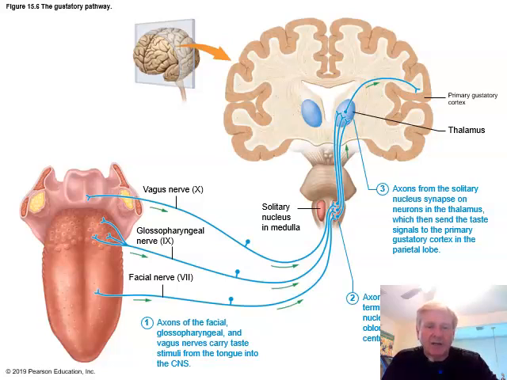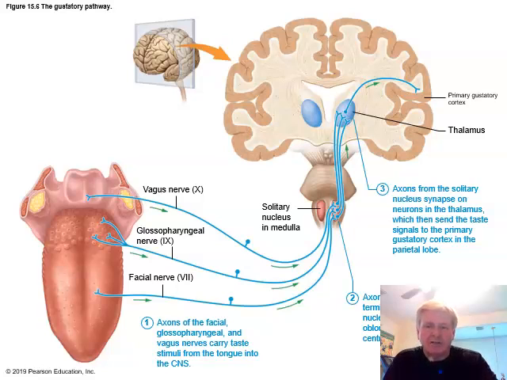So axons of your facial, glossopharyngeal, and vagus, 7, 9, and 10, will carry the taste stimuli from the tongue into the central nervous system, which is the medulla. The axons of those 3 nerves then terminate in the solitary nucleus in the medulla oblongata.